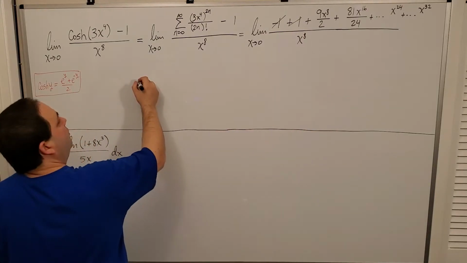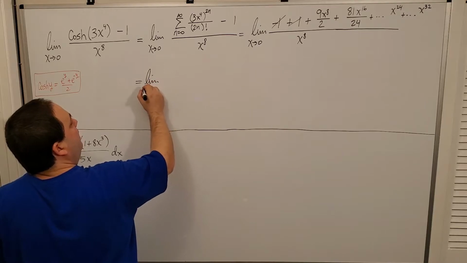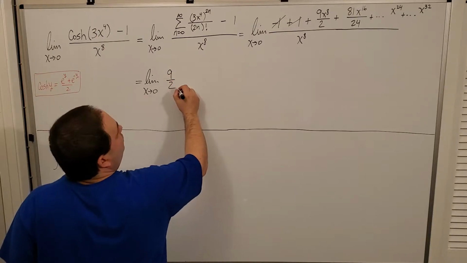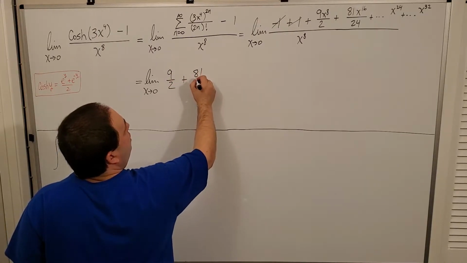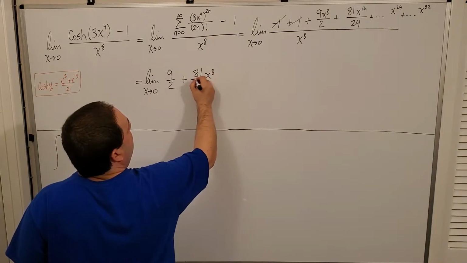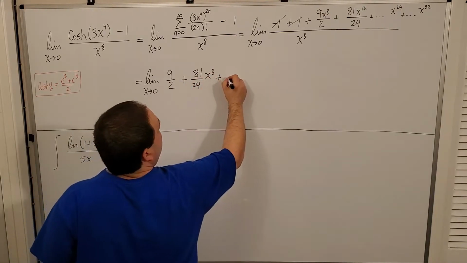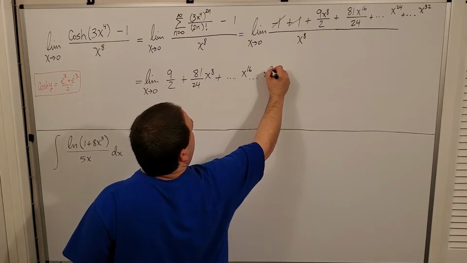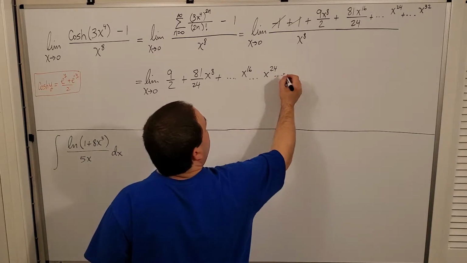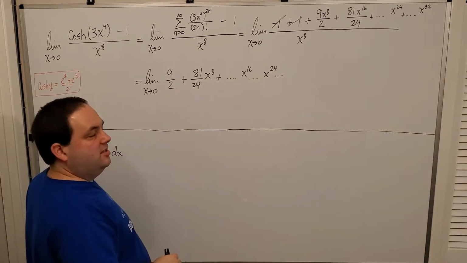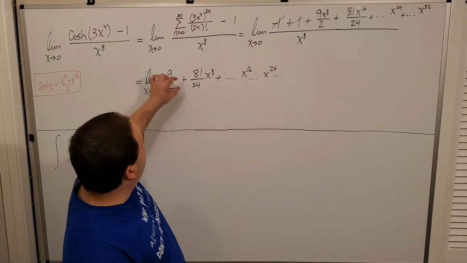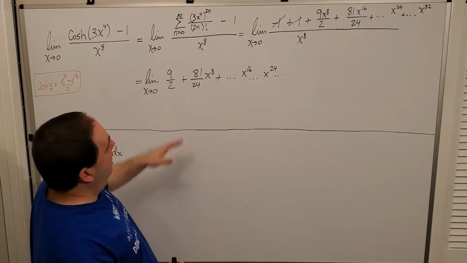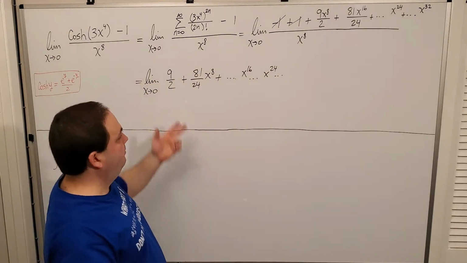So what I have here is the limit as x goes to 0 of 9 over 2 plus 81 x to the 8th over 24 plus something else with x to the 16, x to the 24, and so on and so on. Every other term still has some x's left in it because the first one matched x to the 8th. That wiped out. Everything else just lowered in power but still kept the x's.